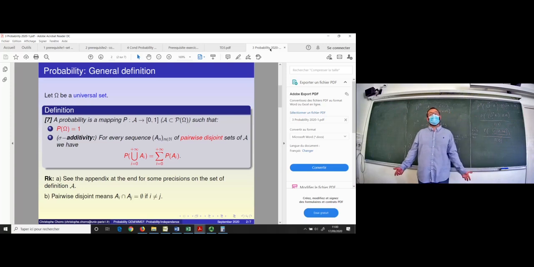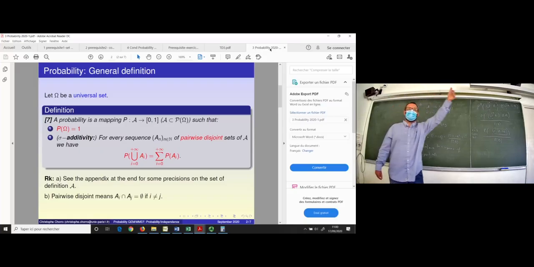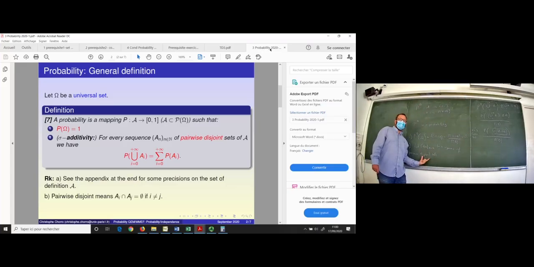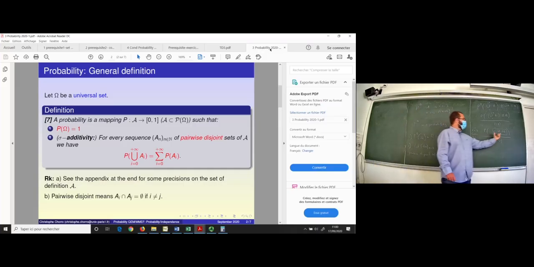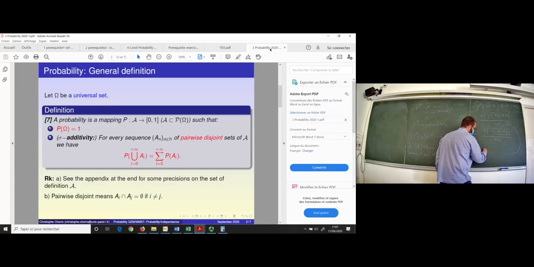I will have exactly the same property. If A_1 intersected with A_2 is empty, A_1 intersected with B, intersected with A_2 intersected with B will also be empty. So from the fact that this sequence is pairwise disjoint, meaning that the sets are disjoint two by two, here I have also pairwise disjoint sets.